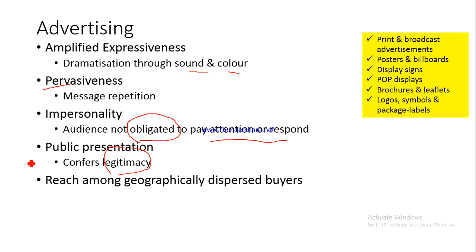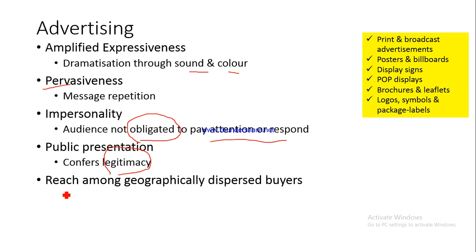Another aspect of advertising is that through advertising you can reach geographically dispersed buyers. For example, if I start advertising on national TV, let's say on Sony, I can reach people in Ladakh also, I can reach people in Kanyakumari also, and I can reach people in Gujarat as well as in Arunachal Pradesh. So if your target audience is spread across the country, go for national advertising on some TV channel, for example, or on some newspaper which is read across the country.